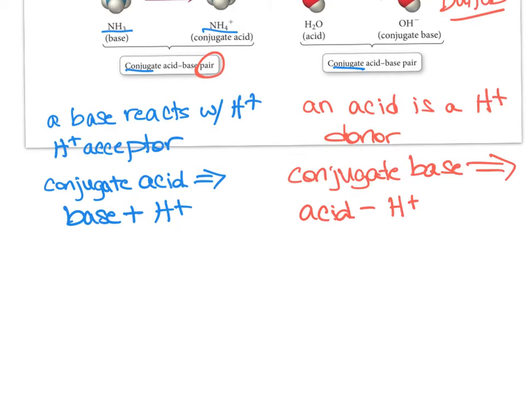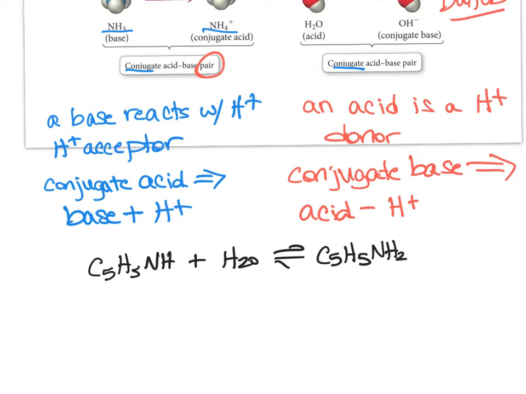We're going to continue with an example problem. Let's take a look at this reaction. C5H5NH plus water produces C5H5NH2 with a positive sign plus OH negative.